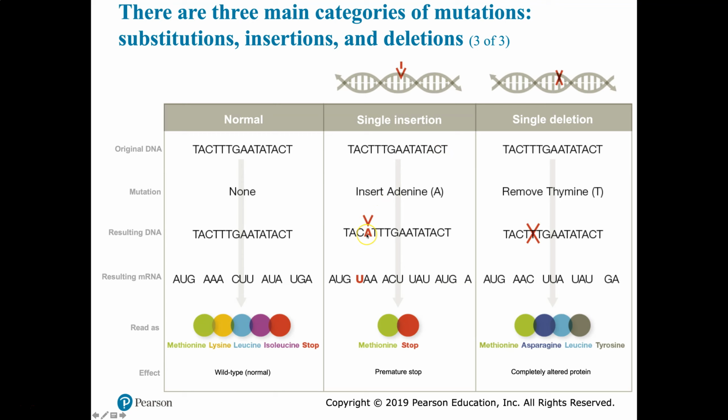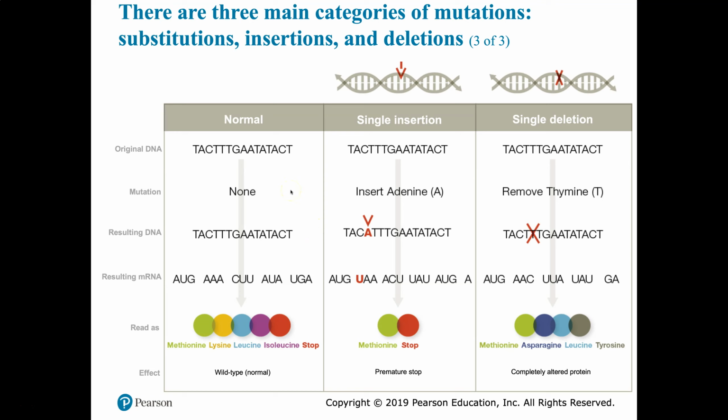But if we throw an extra nucleotide somewhere in there, everything after the inserted nucleotide will shift to the right, however many spots. If you insert one nucleotide, they'll all shift over to the right one spot. If they insert 5 nucleotides, then everything will shift over to the right 5 spots.